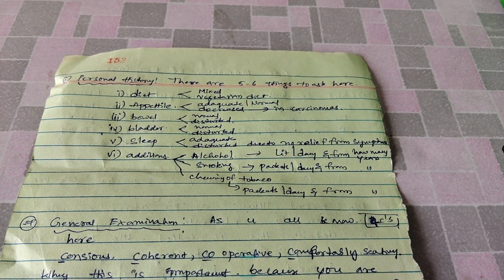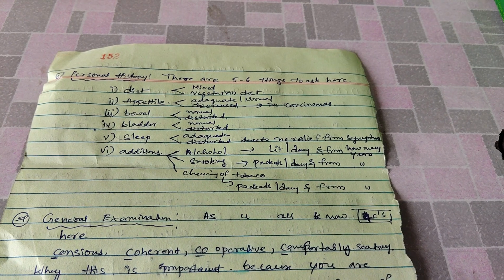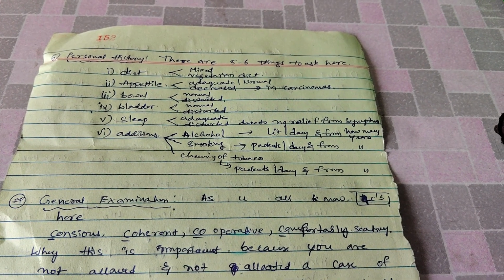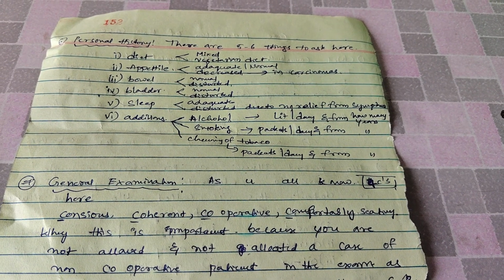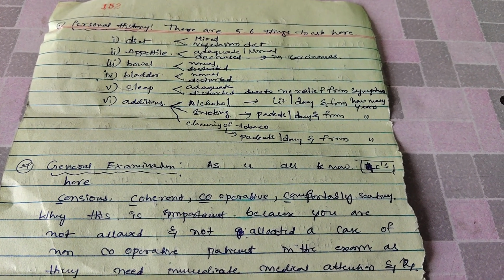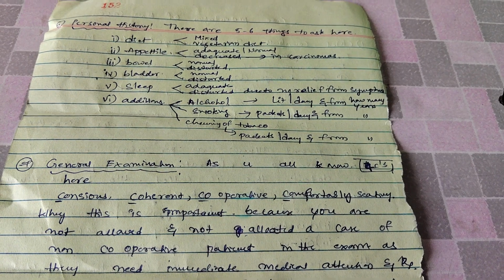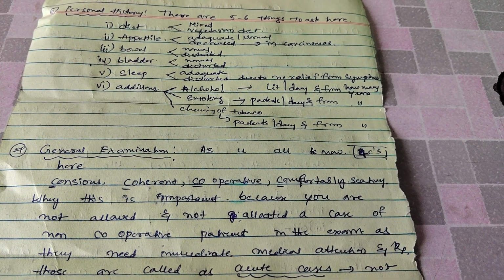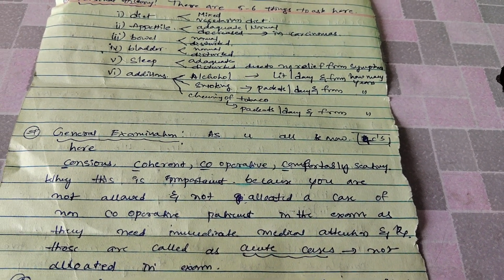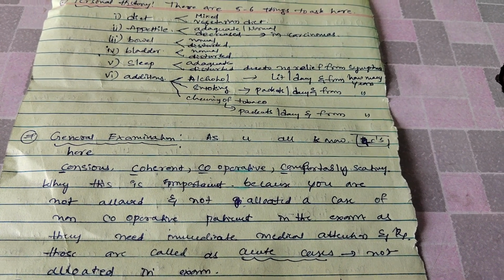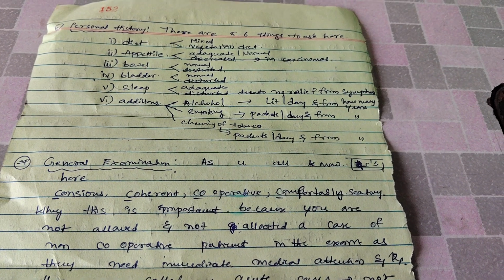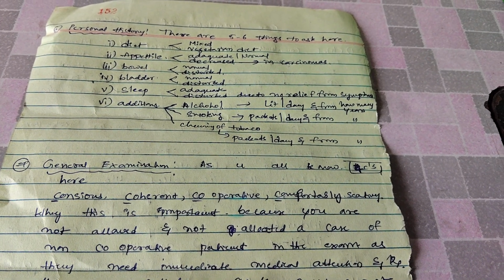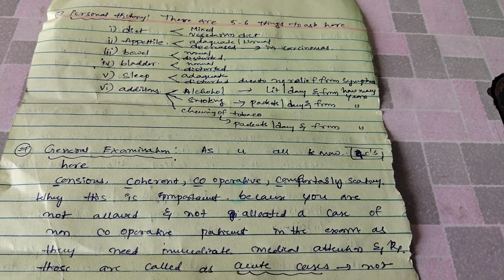I will explain where this is important: you are not allotted a case of a non-cooperative patient in the exam, as they need immediate medical attention and treatment. Those are called acute cases, not allotted in the exam. That's why conscious, coherent, cooperative and comfortably seated patients are important here.